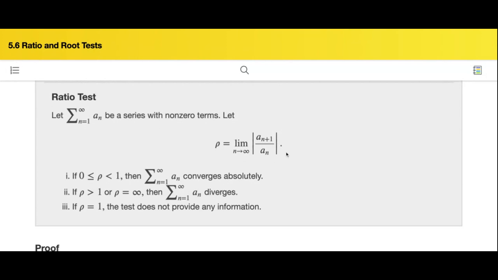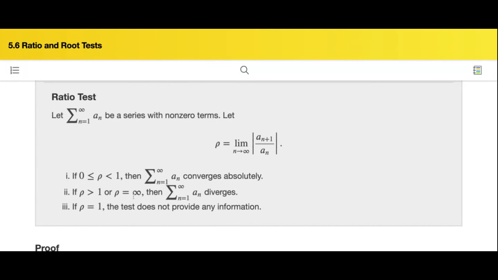The second one is saying if rho is greater than 1, well, think about it. If this absolute value is greater than 1, for now we're just considering all positive terms, because by taking the absolute value we force them to be positive. If rho is greater than 1, that means the numerator is bigger than the denominator, so the next term could be bigger than the previous one.